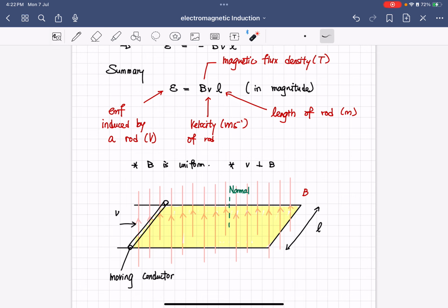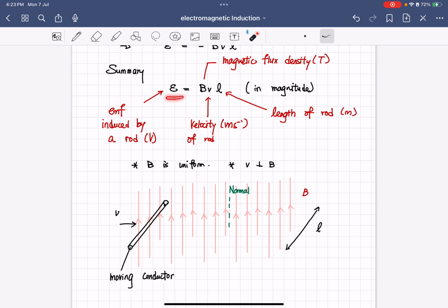But I want you to pay attention to the fact that this equation does not include any factors related to the length of the conductor. In other words, I could delete this part of the circuit and just let an isolated rod, which is not connected in any way, move in a region with a magnetic field.